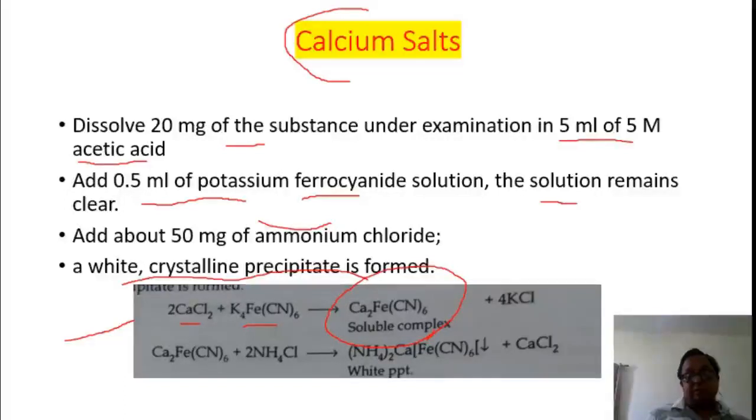Why is it so? We can see this calcium ferrocyanide, after reacting with ammonium chloride, gives a complex that is insoluble in nature and of a white color.